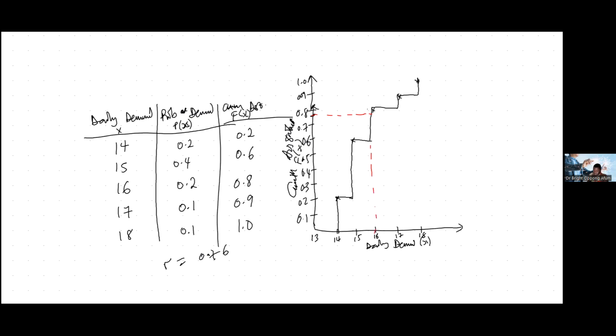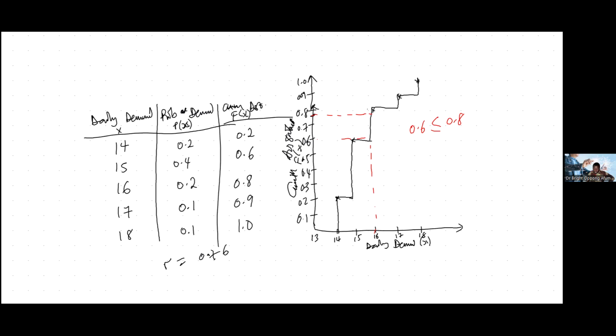So what this means is that this random number is falling between 0.6 and 0.8. And 0.6 to 0.8 corresponds to a daily demand of 16, right?